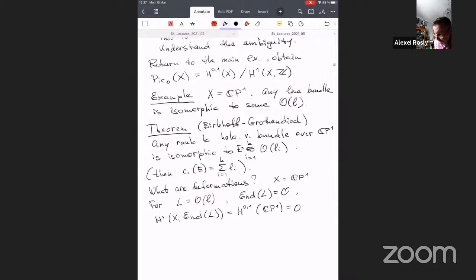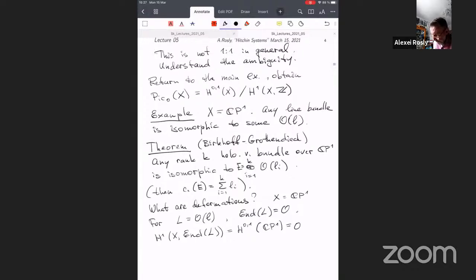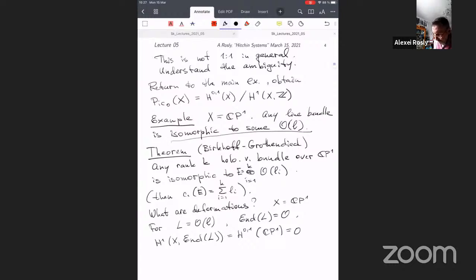And this agrees with the fact that any line bundle is isomorphic to O(L) for some L. There are no continuous parameters. No deformations.